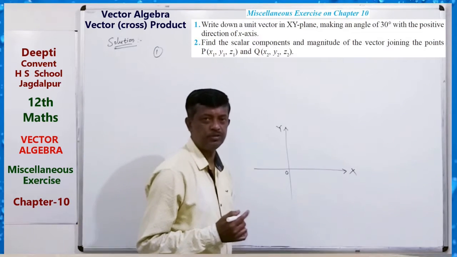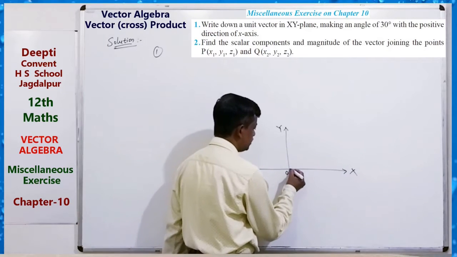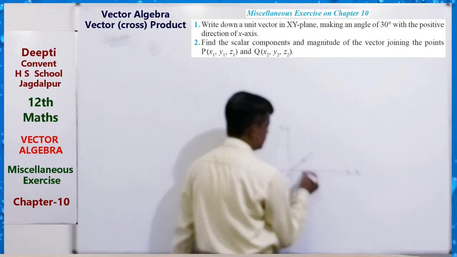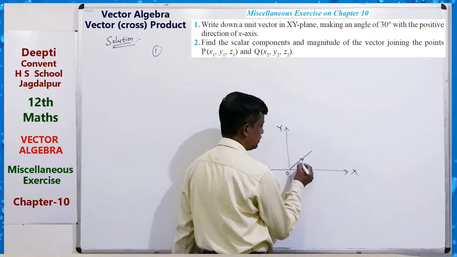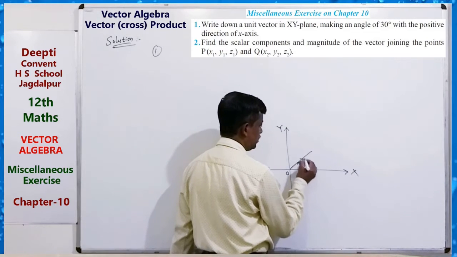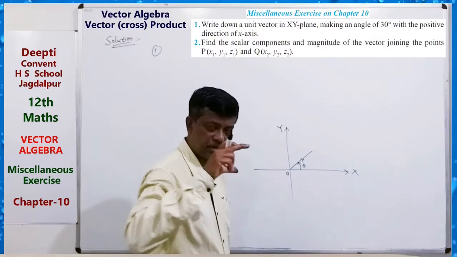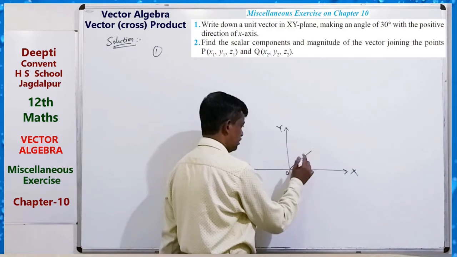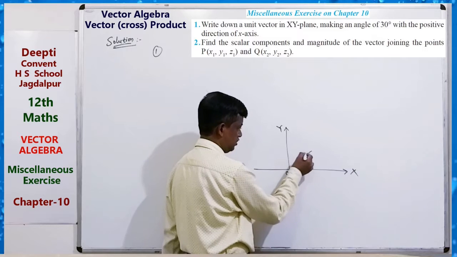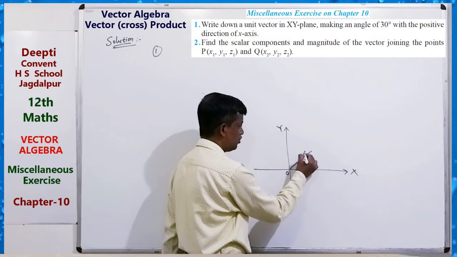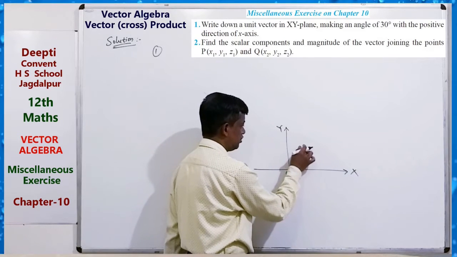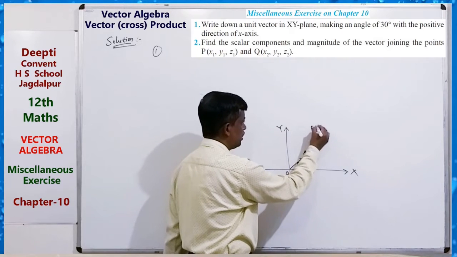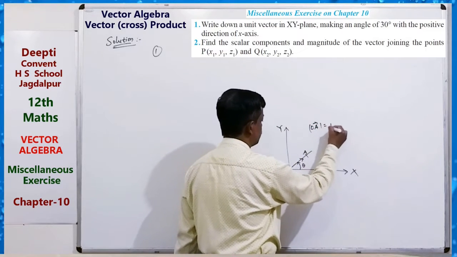How can we write a unit vector? Suppose this is a vector. In this vector, take unit length. This is the unit length, OA. So the modulus of OA is 1.